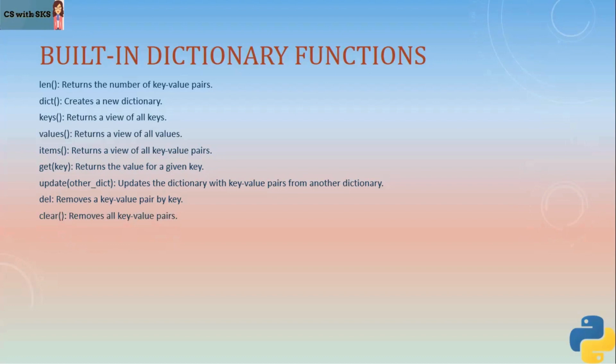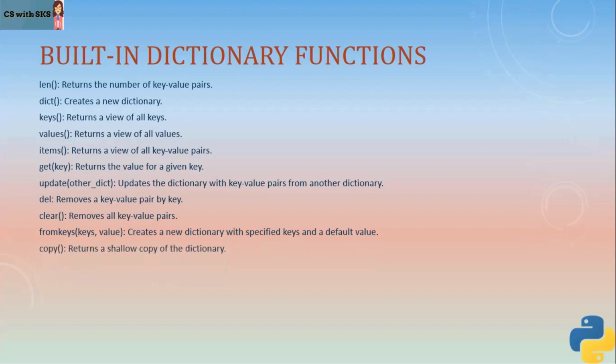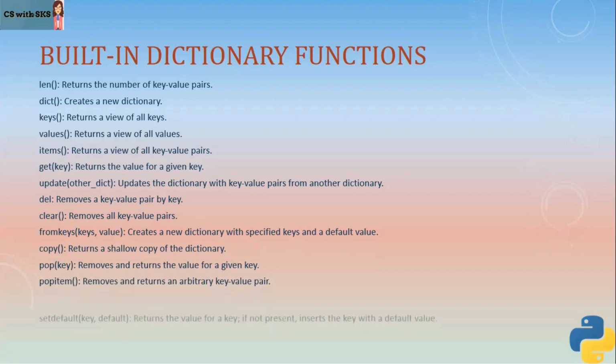Clear will remove all key value pairs. From keys, keys and values, creates a new dictionary with specified keys and a default value. Copy will return a shallow copy of the dictionary. Pop removes and returns the value of a given key. Pop item removes and returns an arbitrary key value pair.